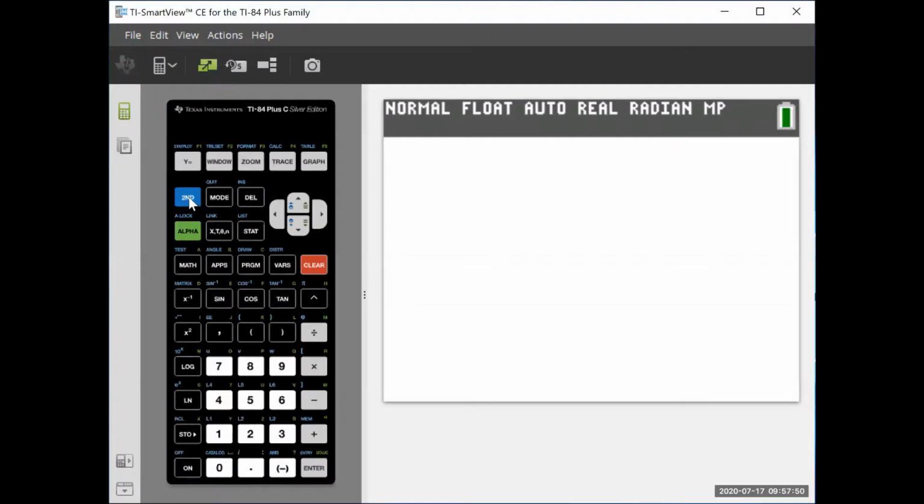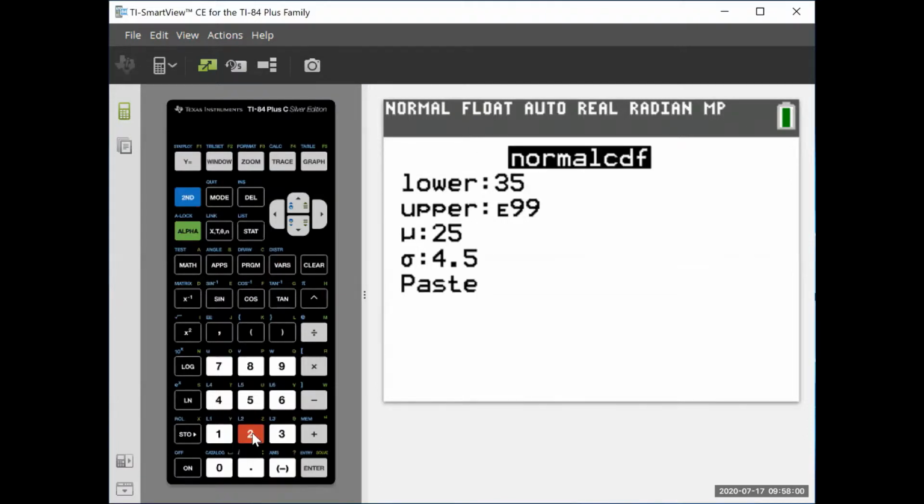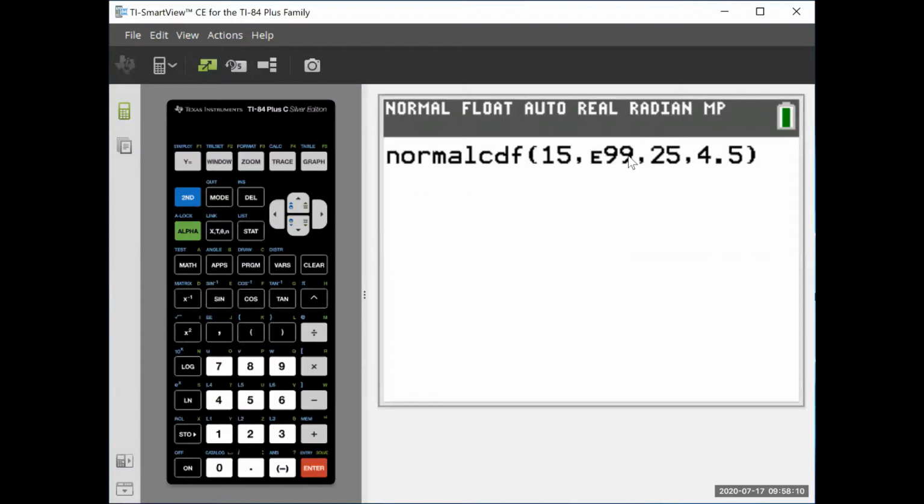In TI-84 calculator, we go to second, then vars, and number 2, which is normal cumulative distribution function. The lower limit is 15. Upper limit is infinity, mean is 25, standard deviation is 4.5. When you paste it in the main screen, it looks like our writing.